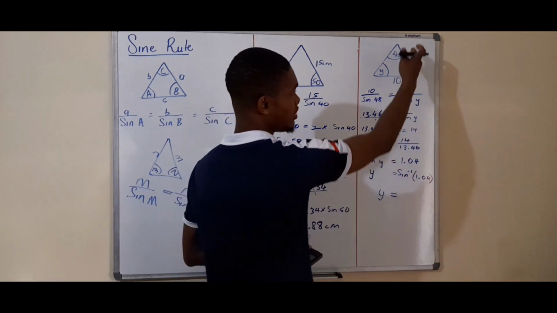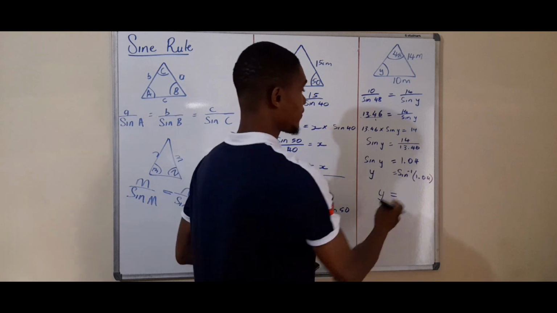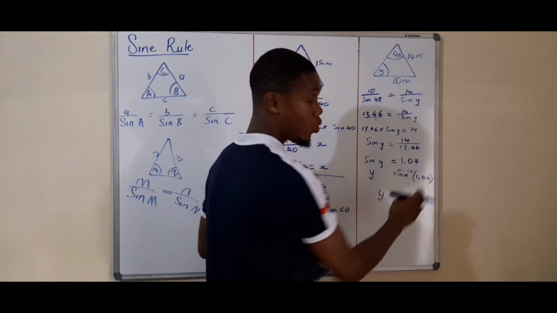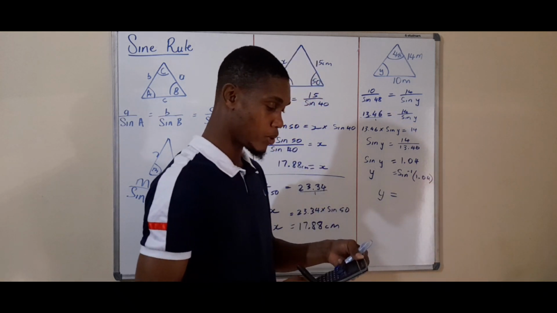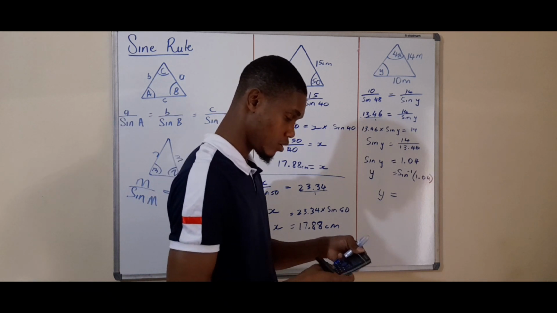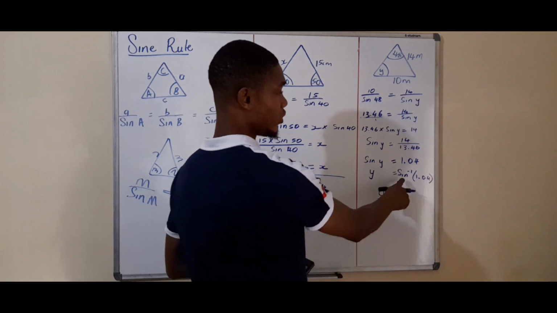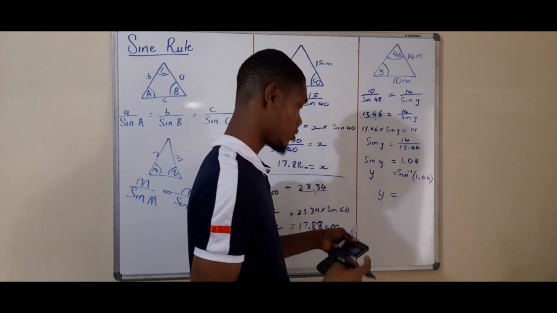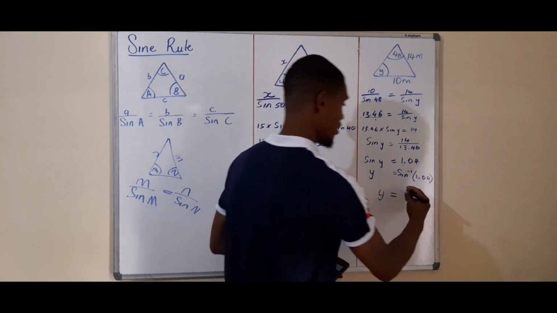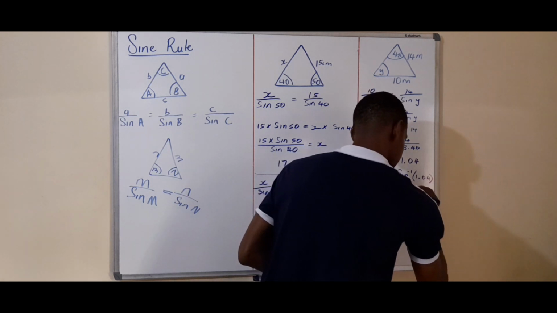But because these are just random numbers, this 1 point something, there is no possibility of getting an answer for any number that is above 1 when you're dealing with sine inverse. So in this case, it will say on your calculator math error.